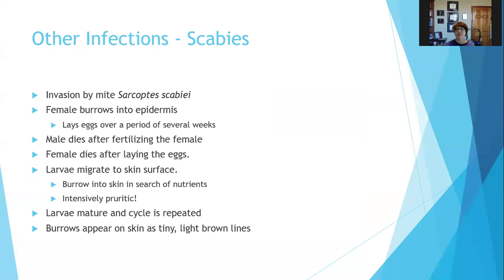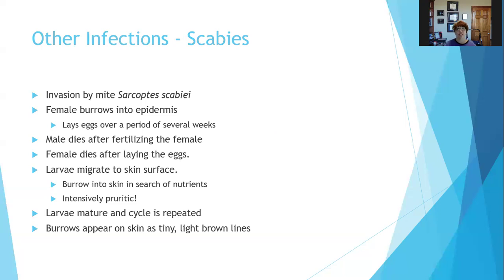Other great infections that might show up in the skin are scabies, which is a mite that infests your skin. The females burrow into the epidermis and lay eggs over a period of several weeks. That is the grossest thing I think I'll talk about to you today. The males die after fertilizing the females, the females die after laying the eggs, and the larvae migrate to the skin surface and burrow into the skin in search of nutrients.